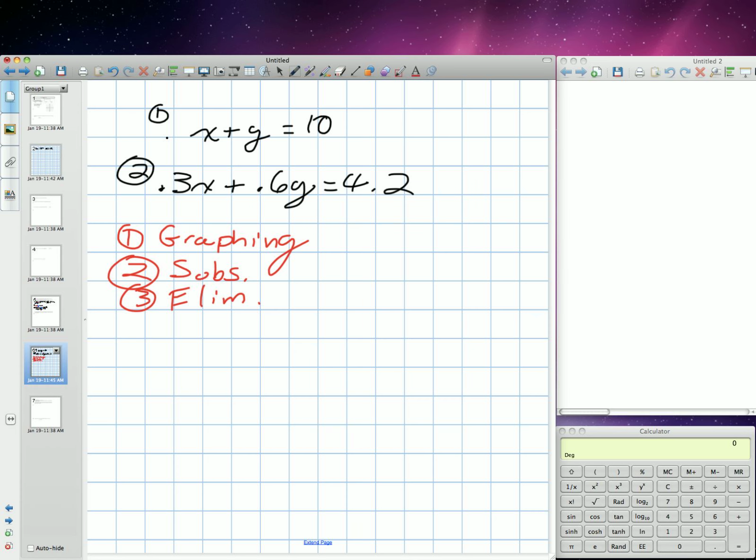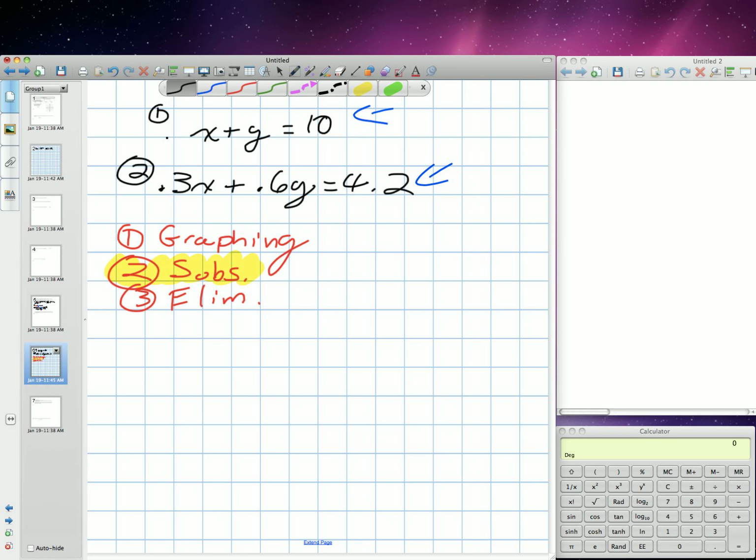Now, in order to do substitution, what do I need to do to one of the equations? That's right, I need to set one of them equal to y or x. Looking at these two, which one do you think is going to be easier to set equal to one of the variables? Yeah, the first one. So I'm going to take the first one, x plus y is equal to 10, and set it equal to x.